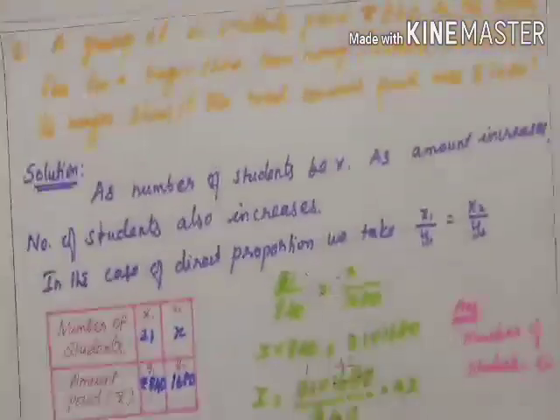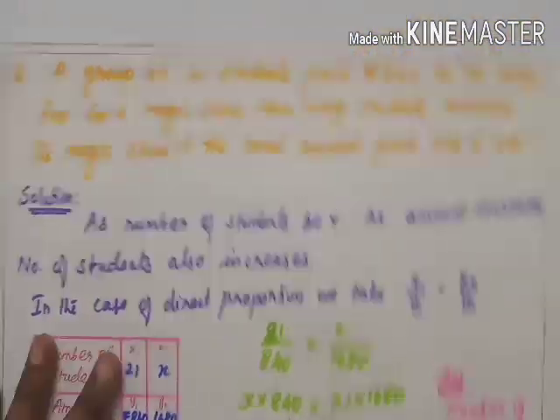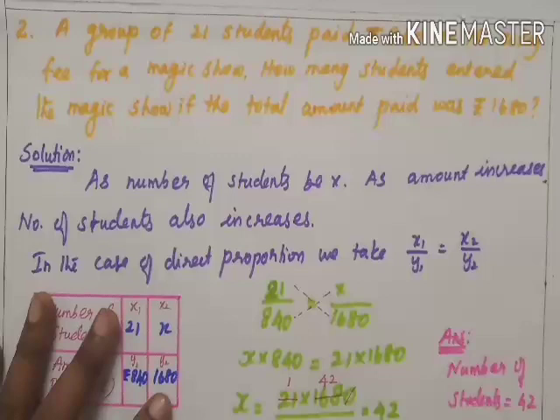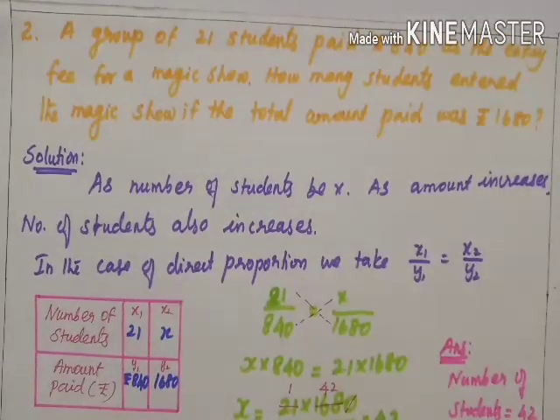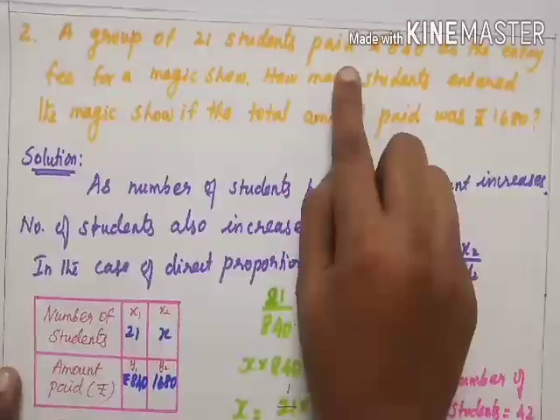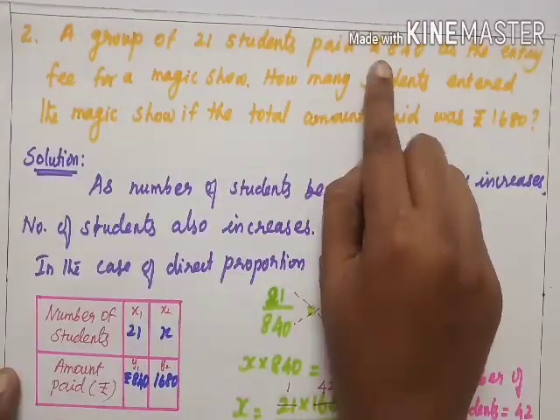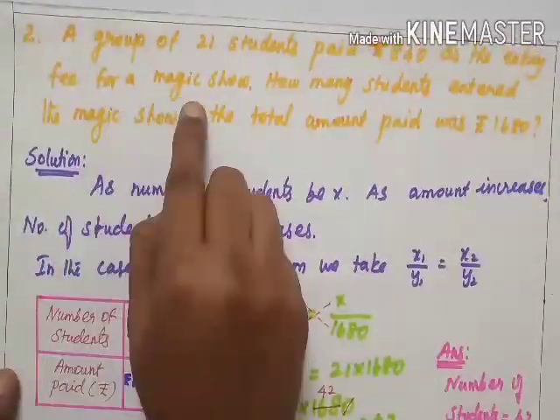Right. The second sum is, listen here. Instead of writing the question, I am going to show you the question over here. A group of 21 students paid rupees 840 as the entry fee for a magic show.